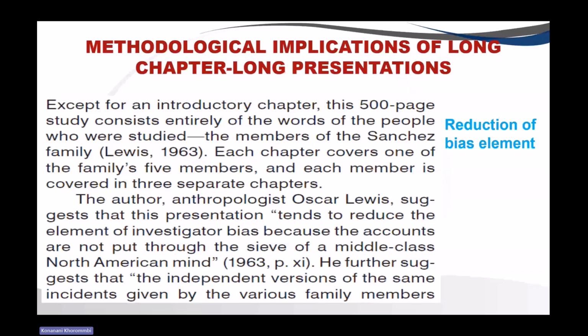Now, the author, anthropologist Lewis, suggests that this presentation tends to reduce the element of investigator bias because the accounts are not put through the sieve of a middle class. Now, when people are telling you, remember, you still have a worldview.